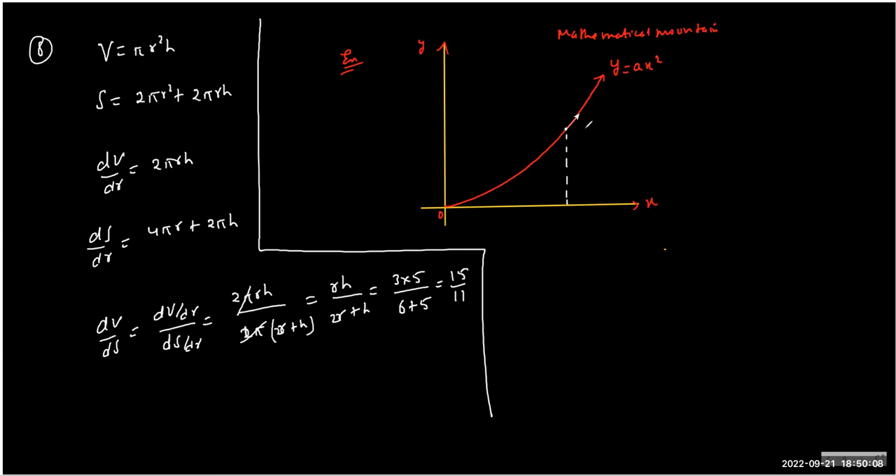So in mathematical terms, can we say the direction will always be along the tangent? So when you move along any curve, the direction is always along the tangent to the curve, isn't it? Yes, sir. That's logical because that is the way you will move. So that is the track you're following.